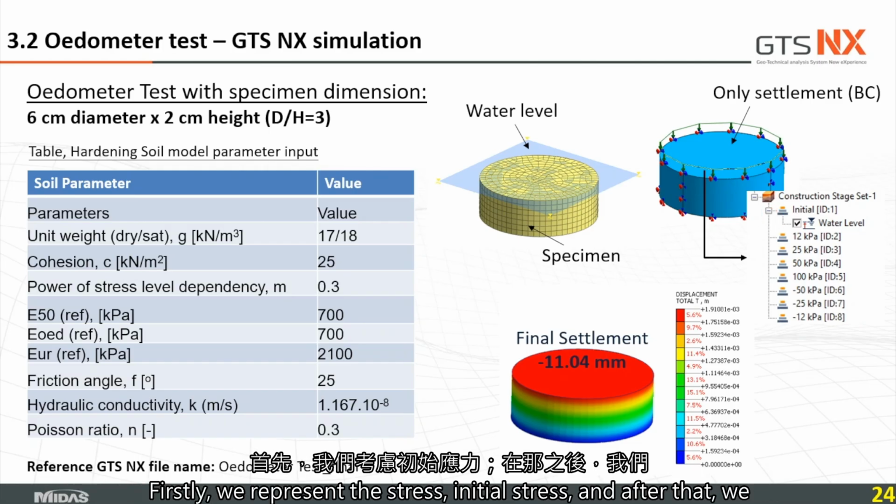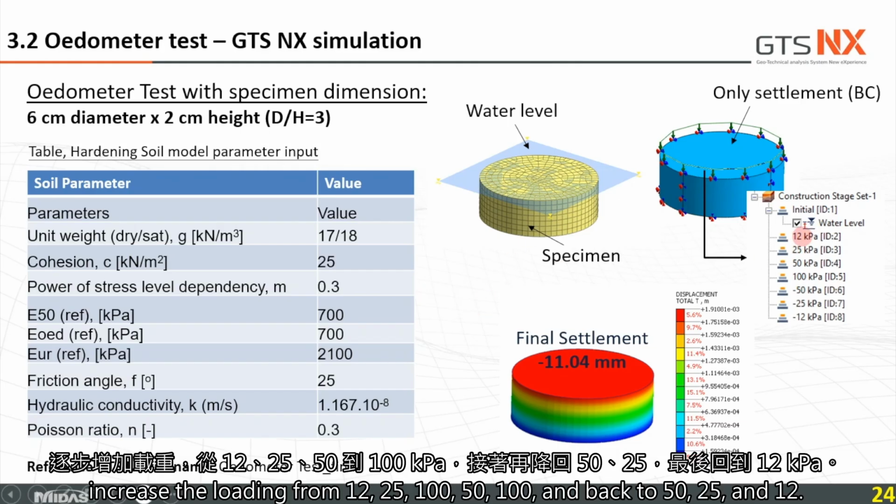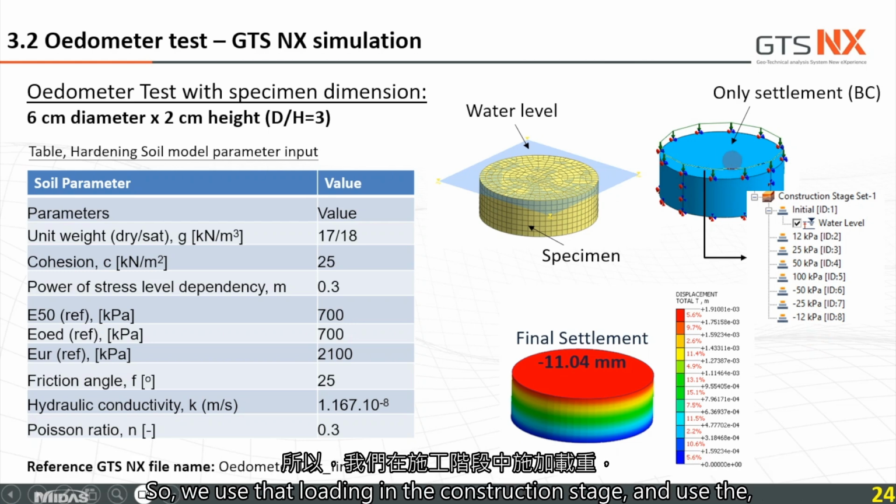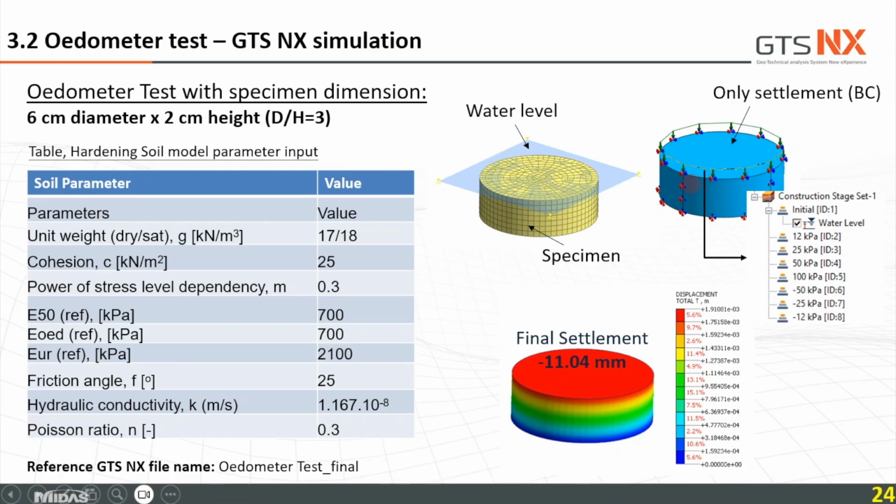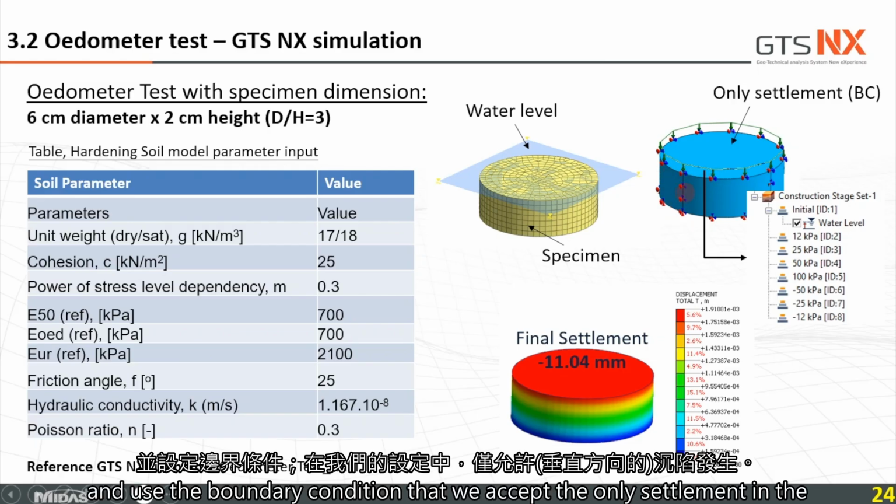Firstly, we represent the initial stress, and after that we increase the loading from 12, 25, 50, 100, and back to 50, 25, and 12. So we use that loading in the construction stage, and use the boundary condition that accepts only settlement.